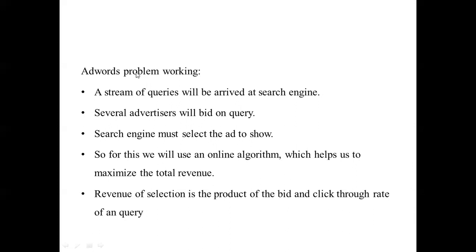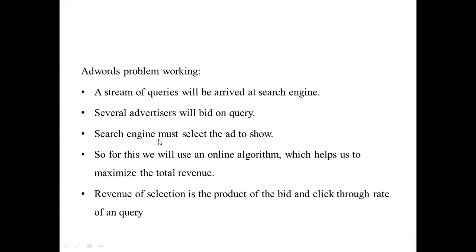After that, here is the main point: marketers will bid on certain keywords. So Google will show ads according to the highest bid rate. Not only bid rate, but also considering click-through rate, as we said in previous slides. So what does click-through rate mean?